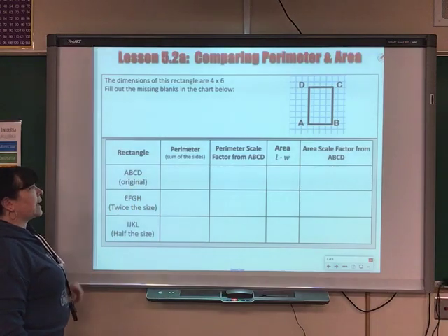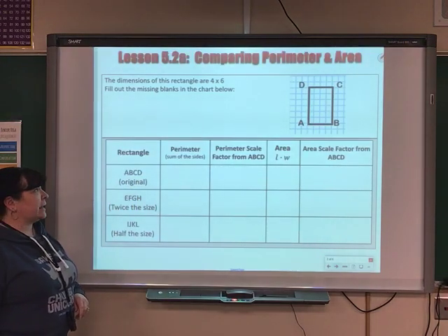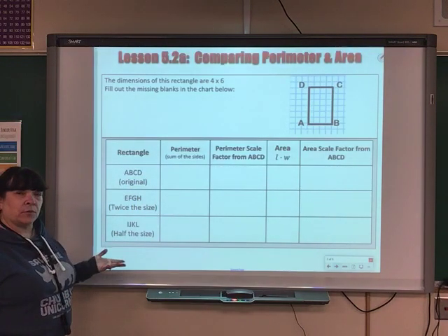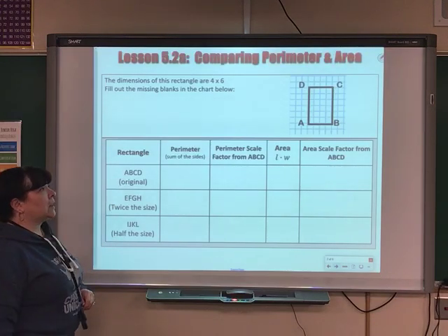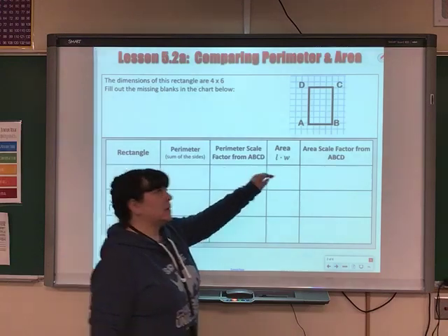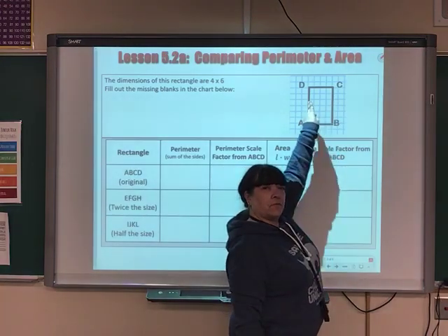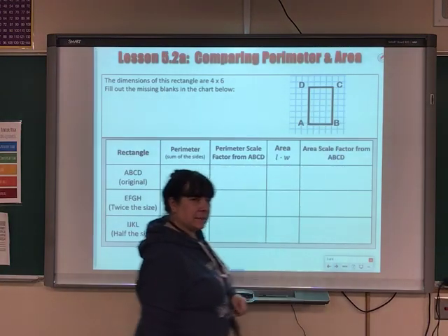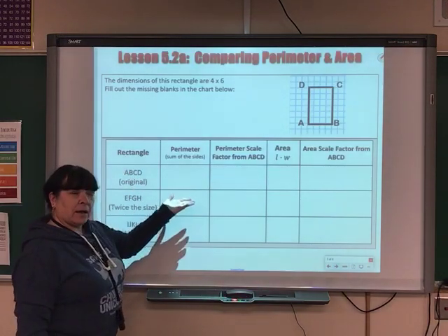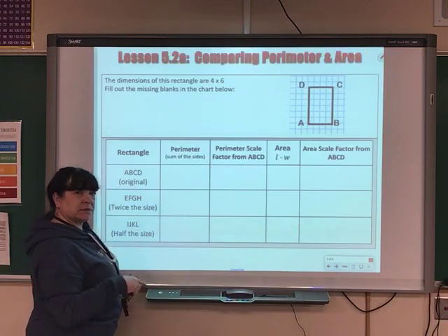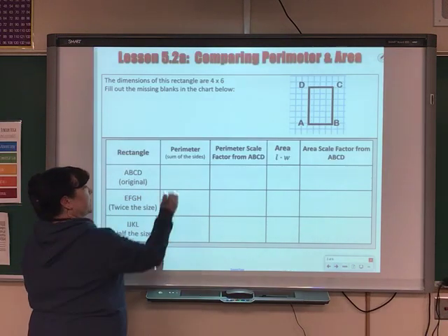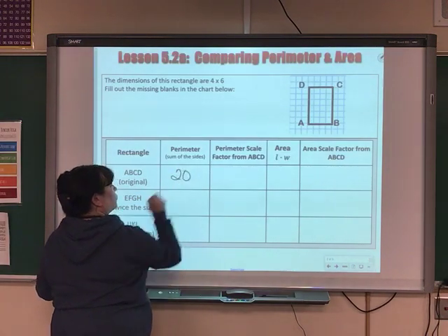So if we look at the rectangles, the new perimeters and the old perimeters, our perimeter of our original, which was 4, 6, 4, and 6, we have the sum of the sides, so 4 plus 6 plus 4 plus 6 ends up being 20.